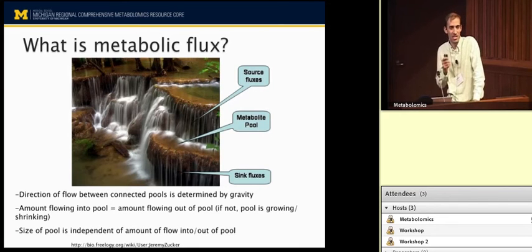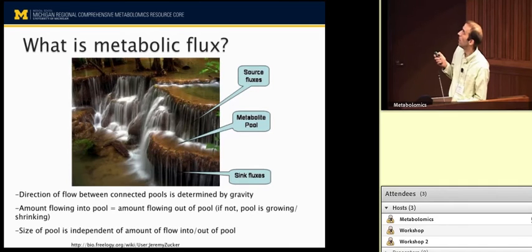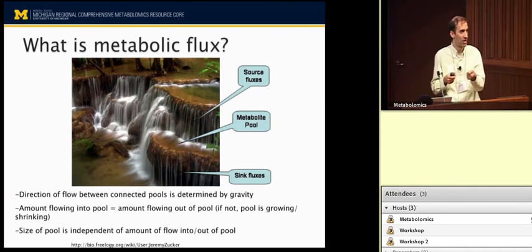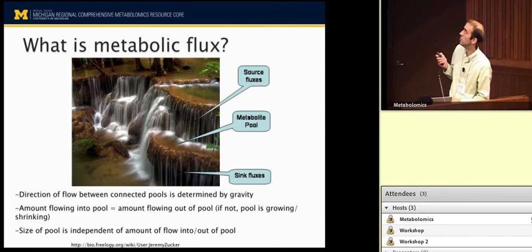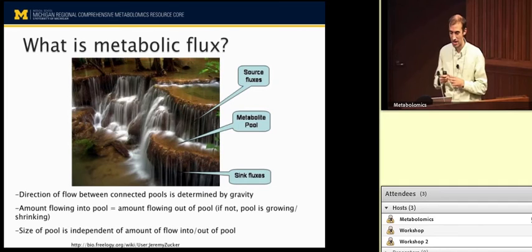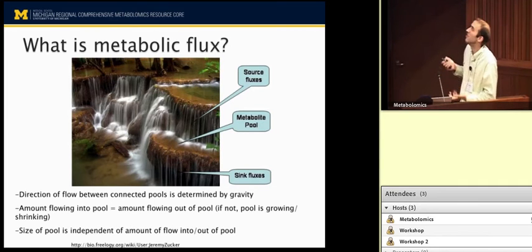But just to extend this analogy a little bit further, what would you do if you wanted to measure the rate of flow in this river, but you couldn't put a meter in there and measure the amount of flow going down the stream? You just could take a picture and you say, I want to know how much flux that is. Well, you could come up with some ideas, but I would submit if all you had the ability to do was to measure these pools, what you might do is you might put some dye in that river.